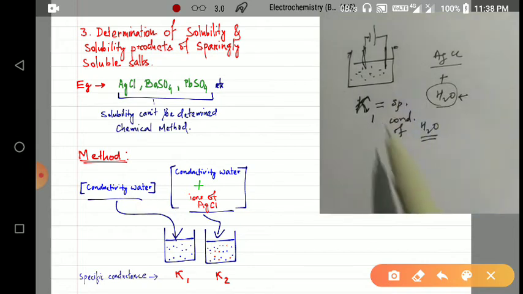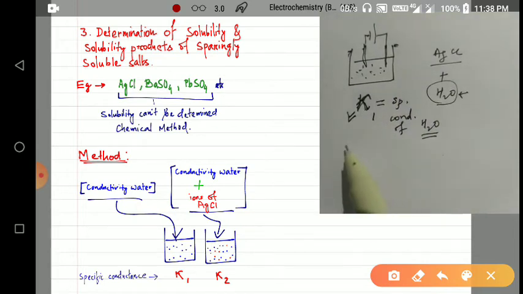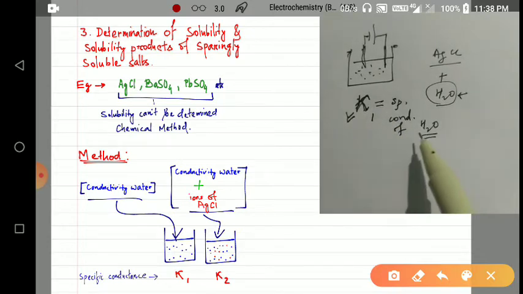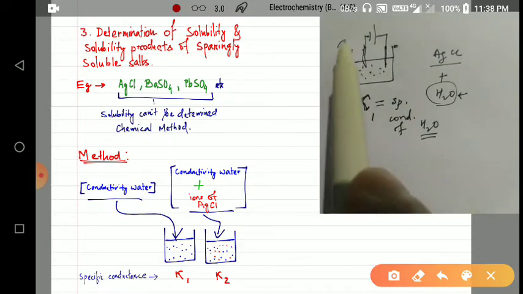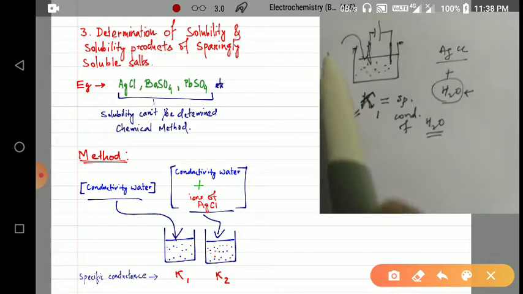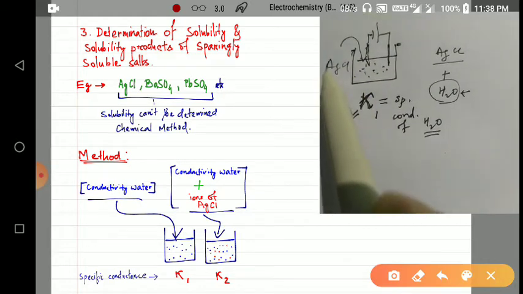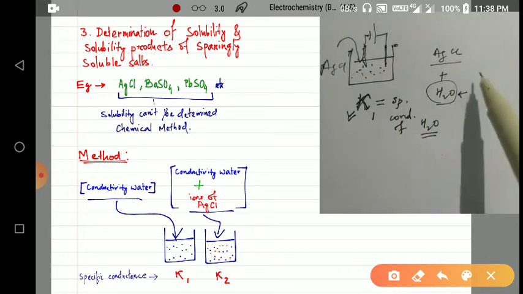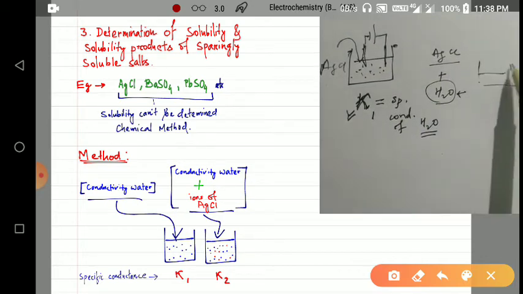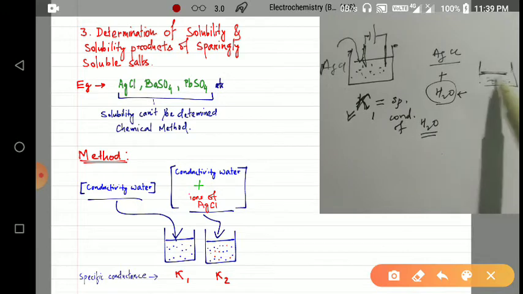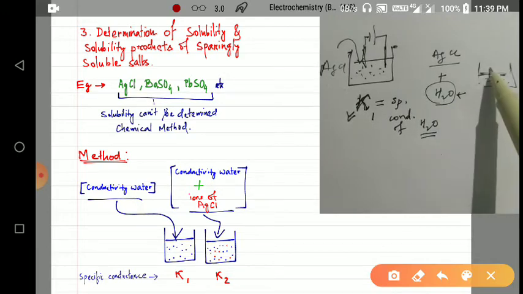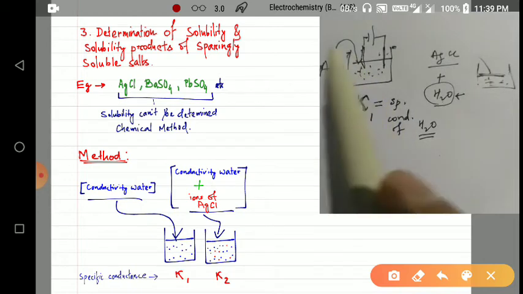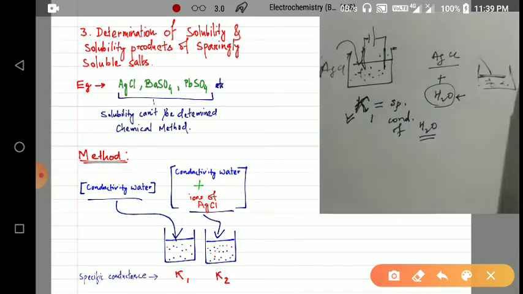After obtaining the specific conductance of water, you can put the silver chloride inside this solution, or you can prepare the silver chloride solution in a beaker, remove this water first, and pour that solution here.